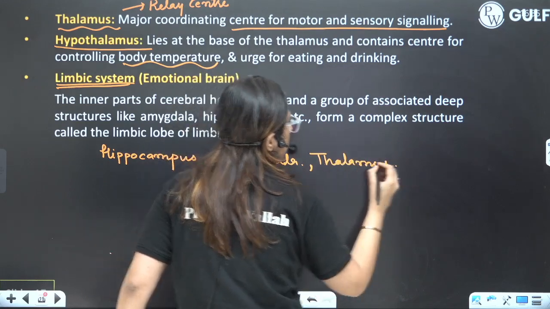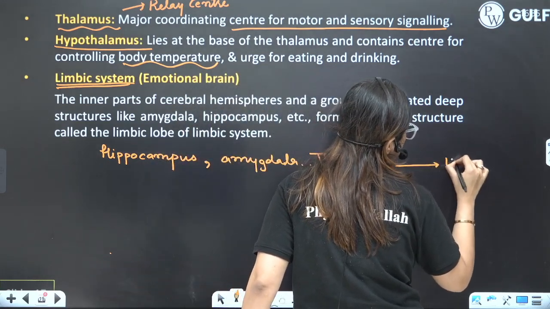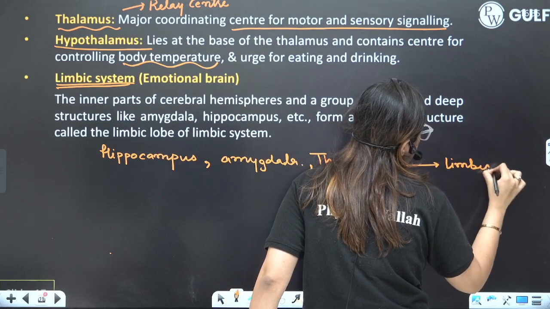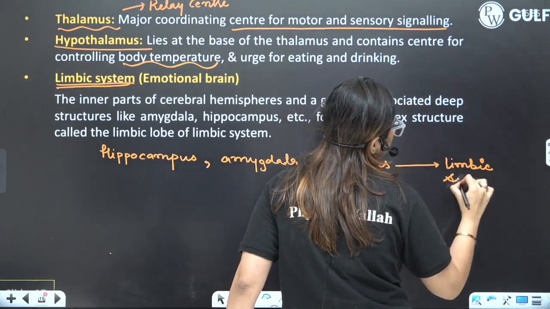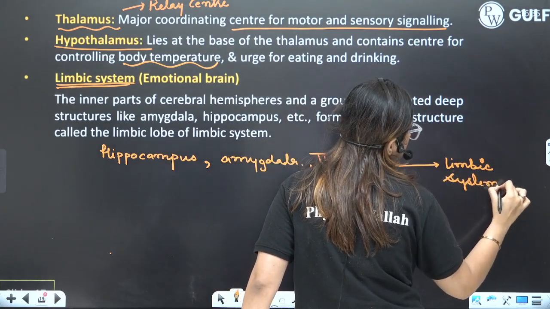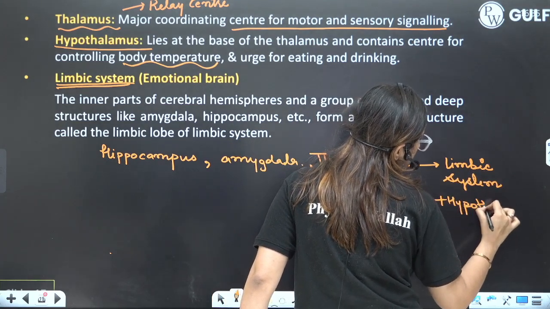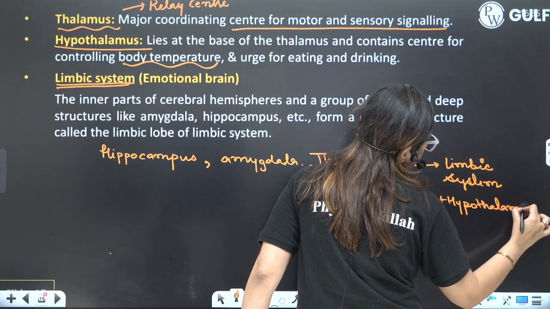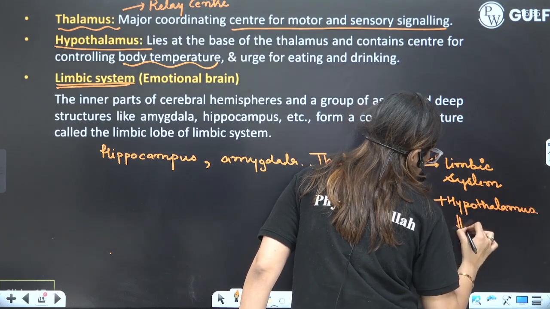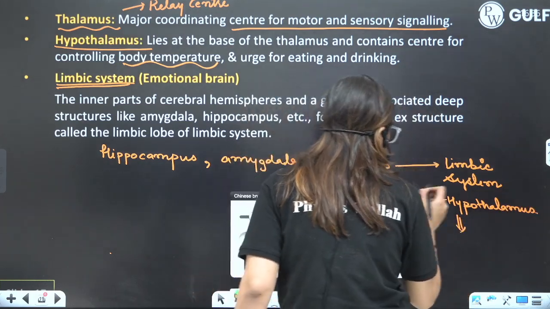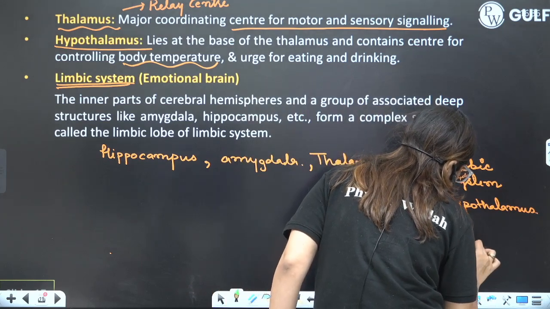All these three structures form the limbic system. But when we add the hypothalamus here, we call this system, what do we call this system? We call this system the emotional brain.